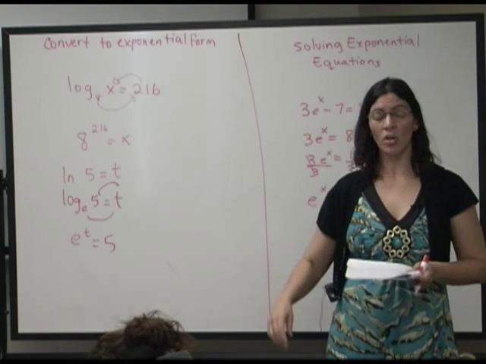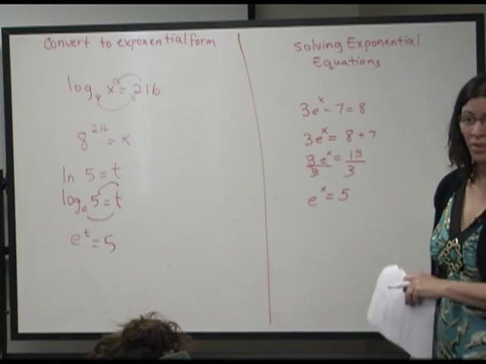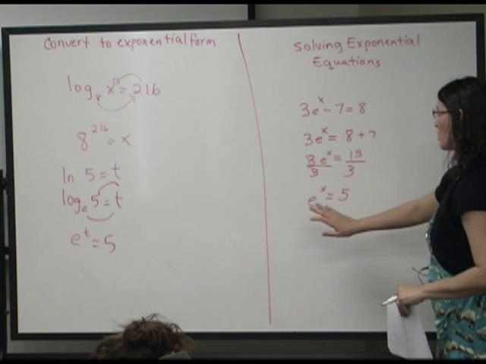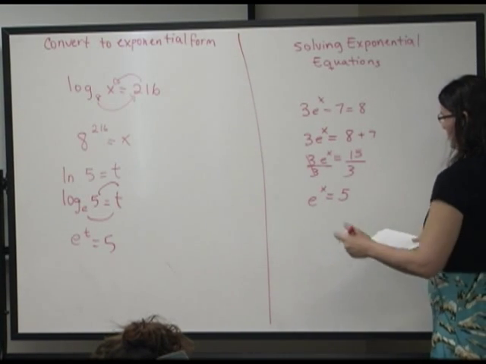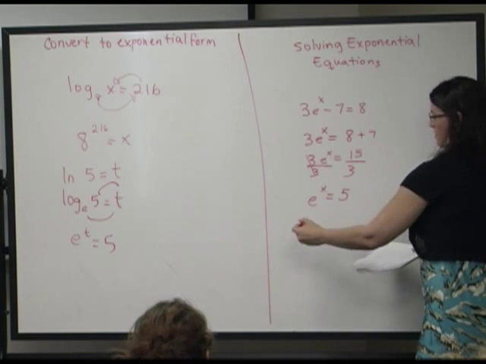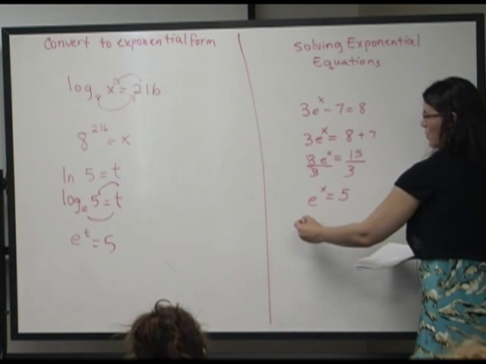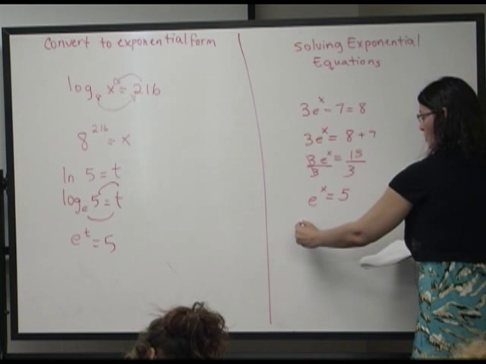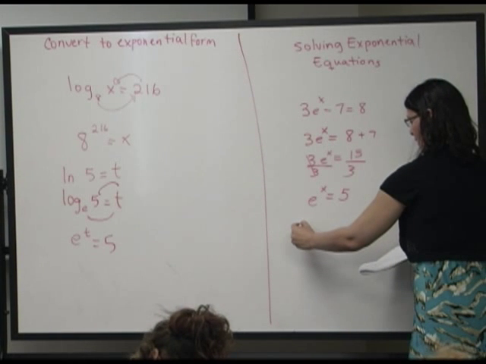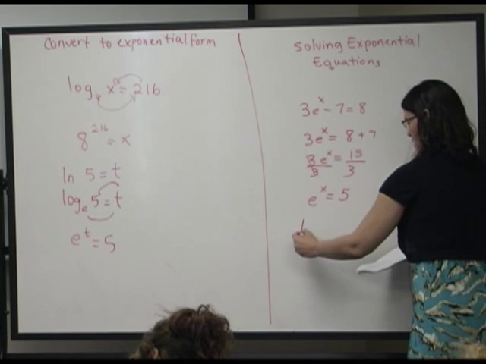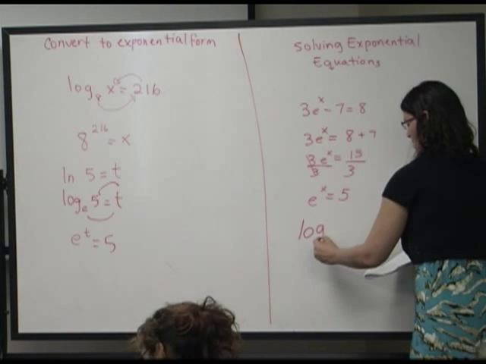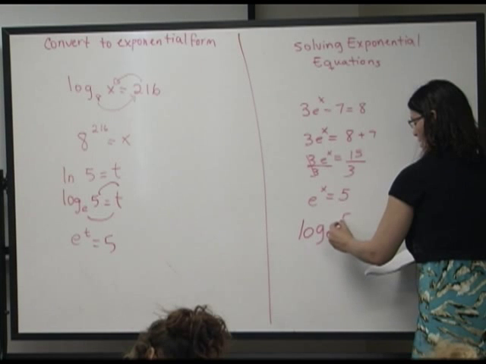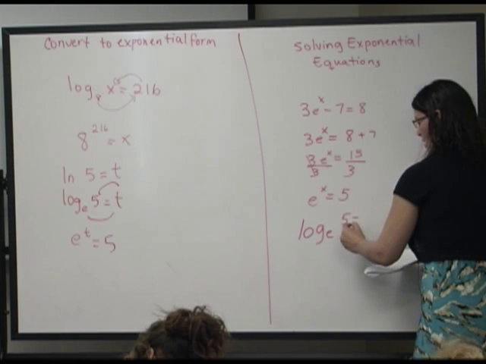Now we said that we solve exponentials with logarithms, right? So let's convert this to a logarithm. What is it? And this is ln. How do you convert it to a logarithm? ln 1/3 is equal to x. Let's do it with logs. Log base e of 5 equals x.